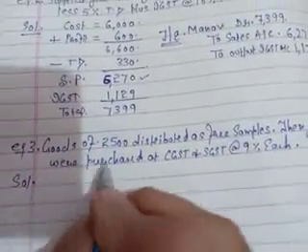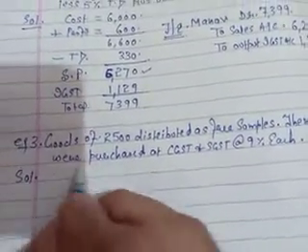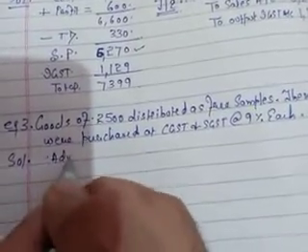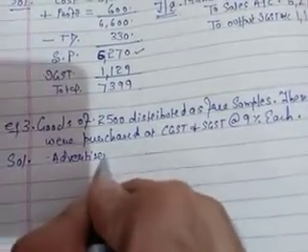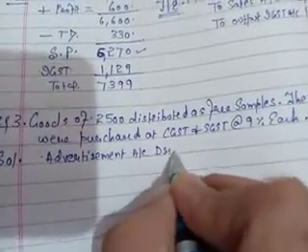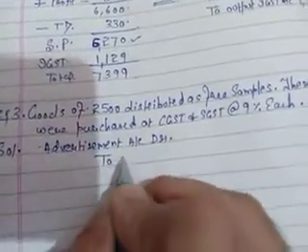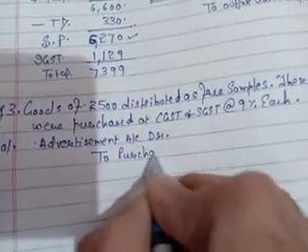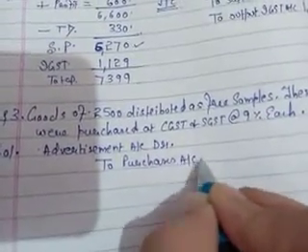Solution. Journal entry for this will be advertisement account debit to purchases account.